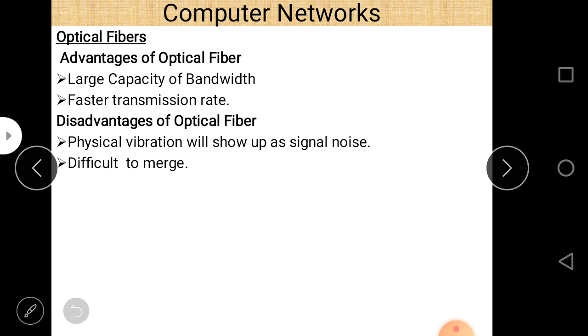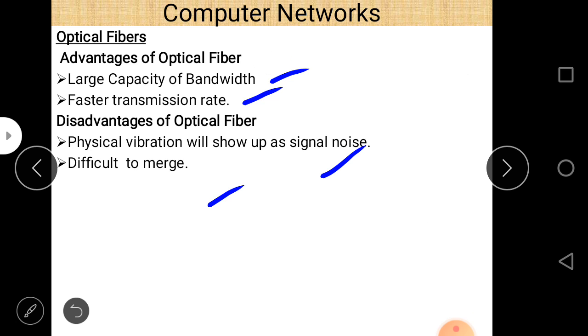Now, advantages and disadvantages of optical fiber. Basically, large capacity of bandwidth and faster transmission rate are the two main advantages of optical fiber cable. The disadvantages are that physical vibration will show up as signal noise, and it is difficult to merge.